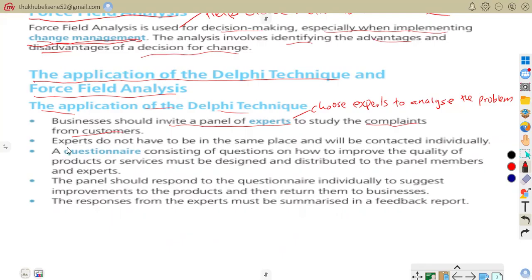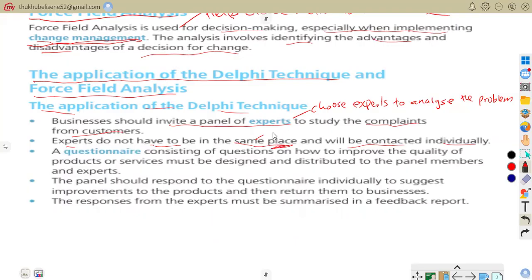Also, it further says experts do not have to be in the same place and will be consulted individually. So what it means is that they don't work together physically. They are not going to meet physically.